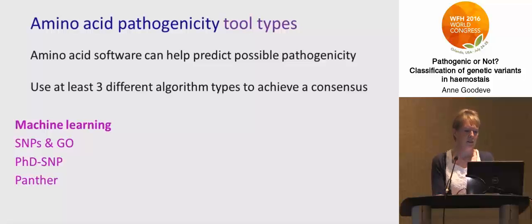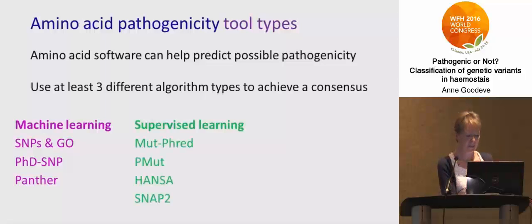So amino acid pathogenicity tools can help predict possible pathogenicity, and the recommendation is to use at least 3 different algorithm types to achieve a consensus. I'm not going to go into how any of these work, but they come under a number of different classes, and you're recommended to use tools from different classes rather than ones that may well use a very similar algorithm.